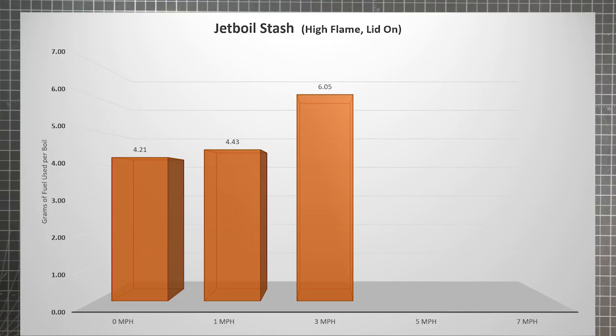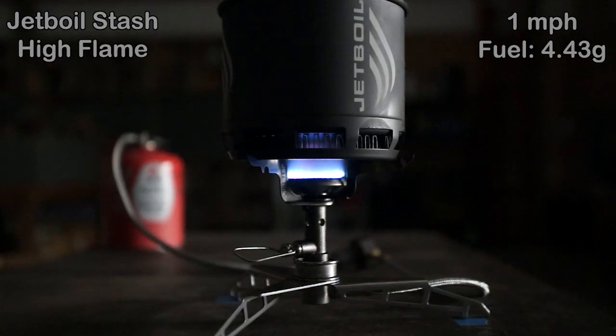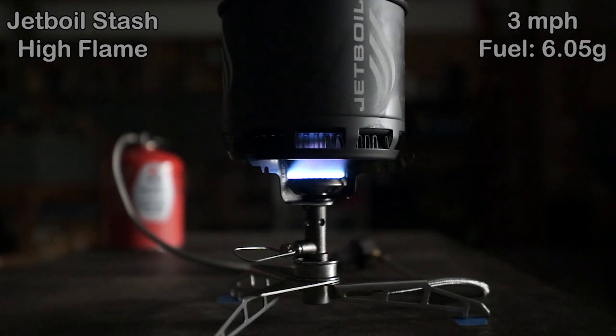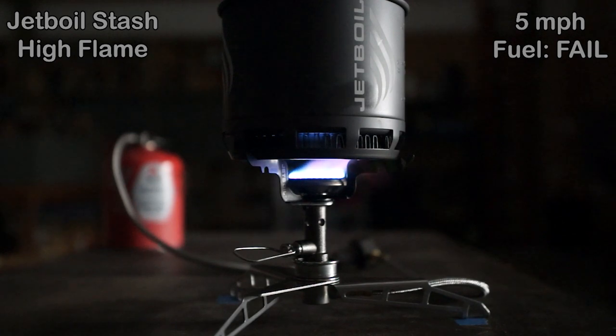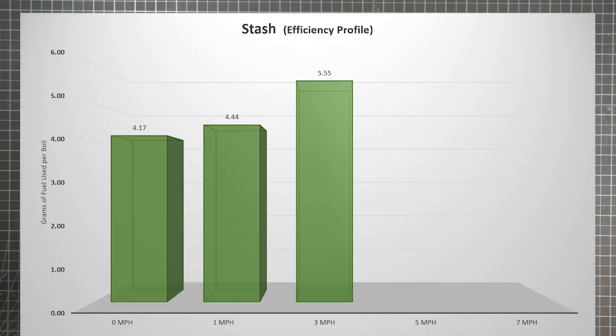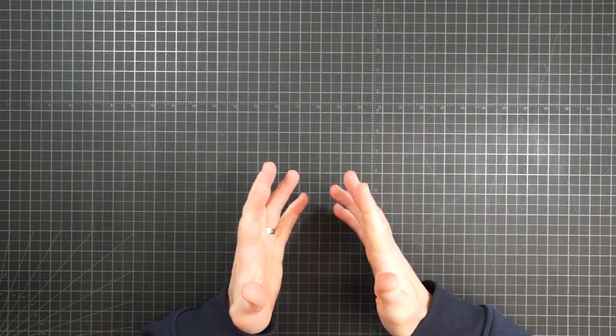And the same was true even with a high flame. As it turns out, the most efficient flame level was medium regardless of wind speed. So far, we haven't yet seen a system that can handle a full 7 miles per hour.